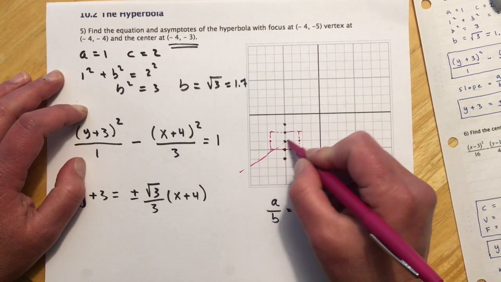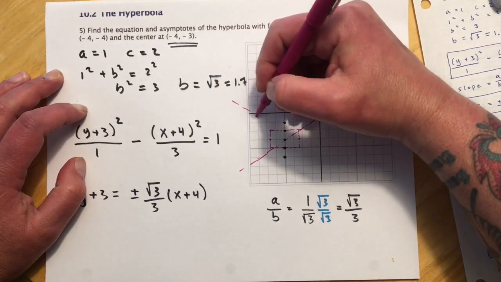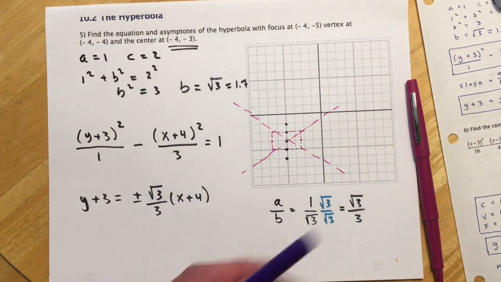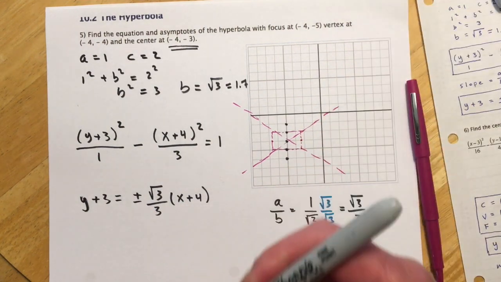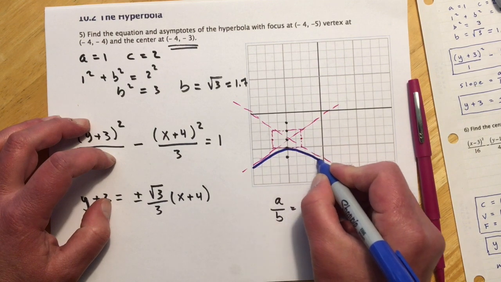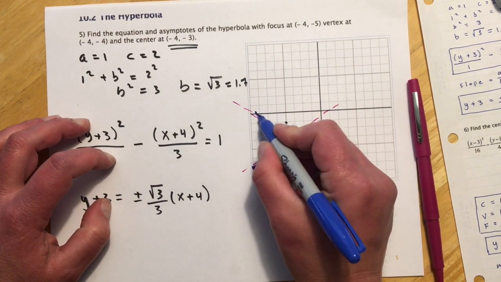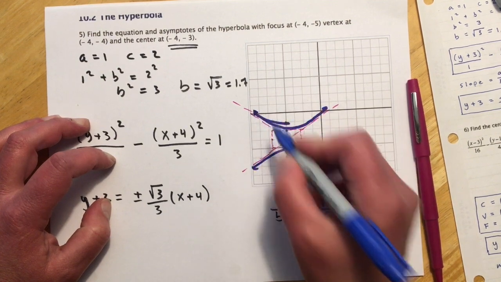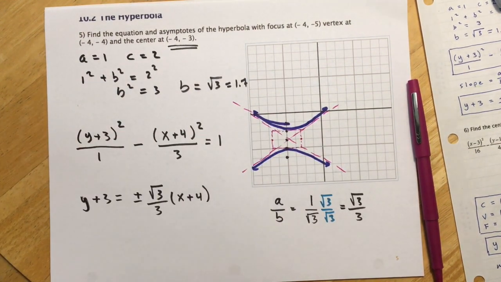And then we're going to have asymptotes running this way and that way. And then the graph will go through the vertex. So right here and kind of like that. Oop, that was the focus, kind of like that. So ignore that one.